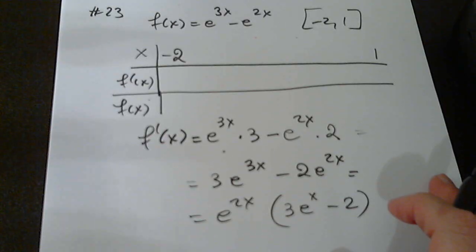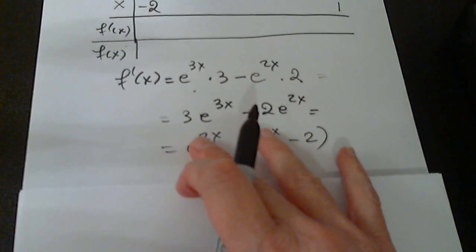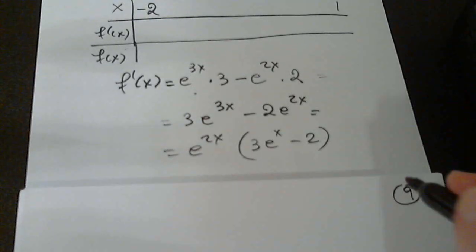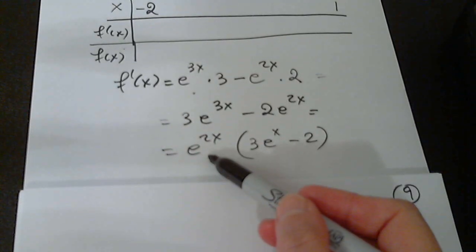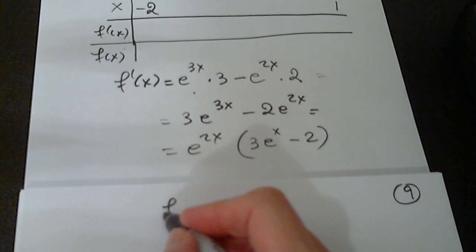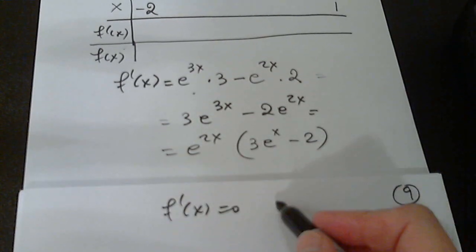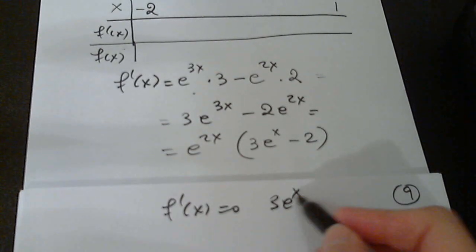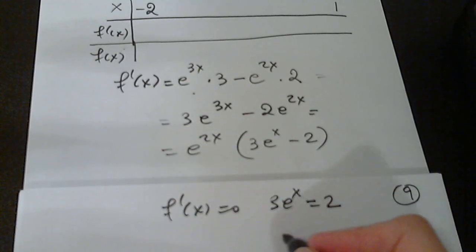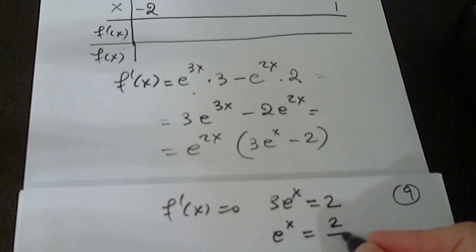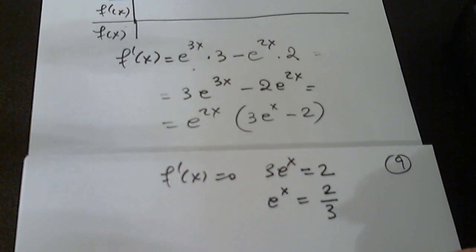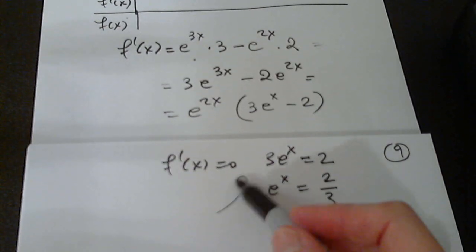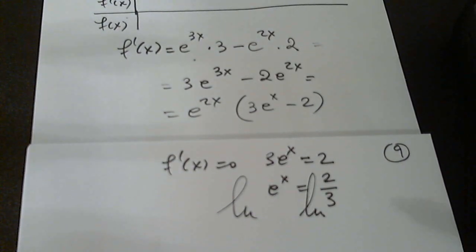Now I have to find critical numbers. As I said, these functions are not friendly, really. So the critical numbers, this can never be 0. So f prime of x equals 0 means 3e to x equals 2, or e to x equals 2/3. If you remember, we've done this before. We have to apply natural log to both sides.